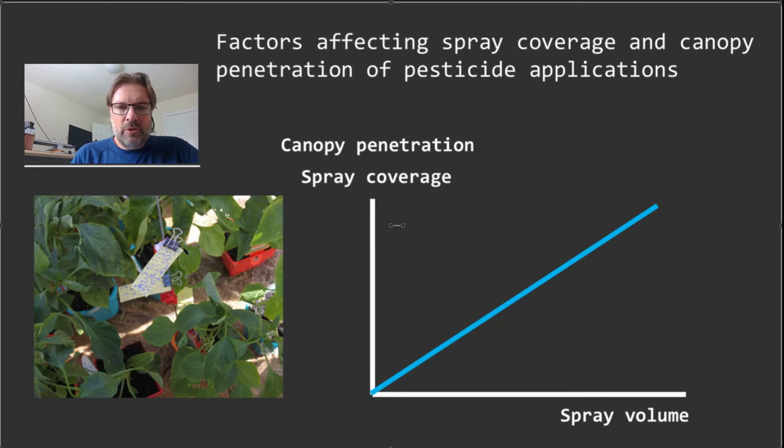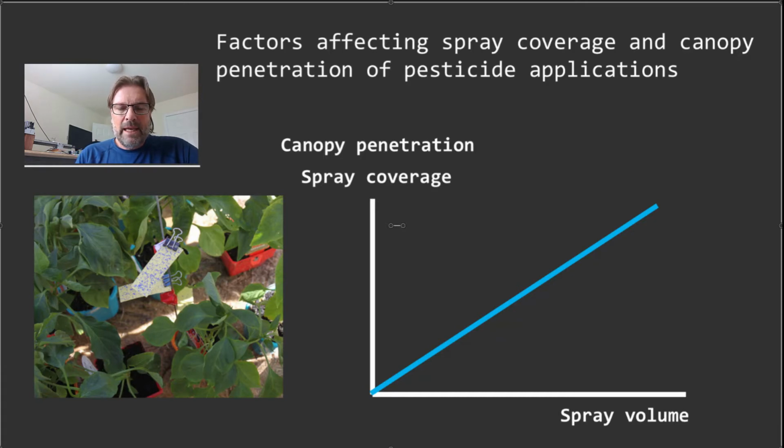What I'm going to show you, and what we have found in our studies of this, is that this is definitely not the case. And what we used in this study, which was a very, very large field study, is what's called water sensitive spray cards. These are the yellow cards you can see on the photo to the left.